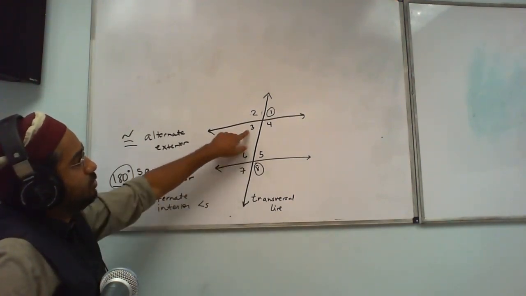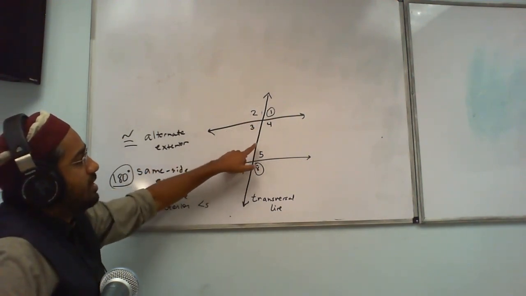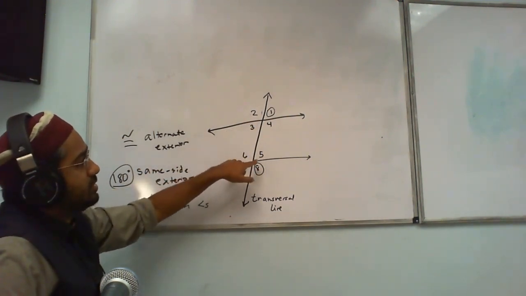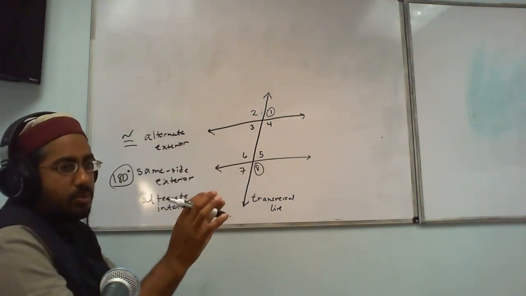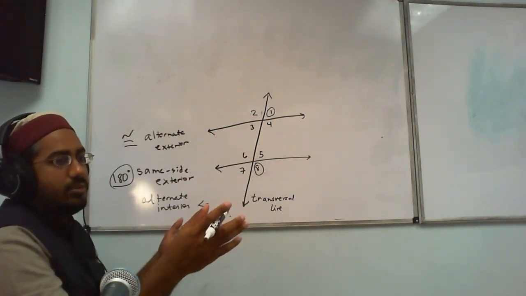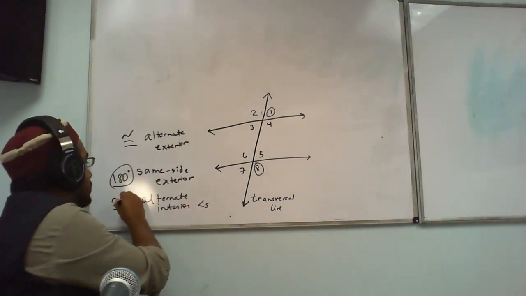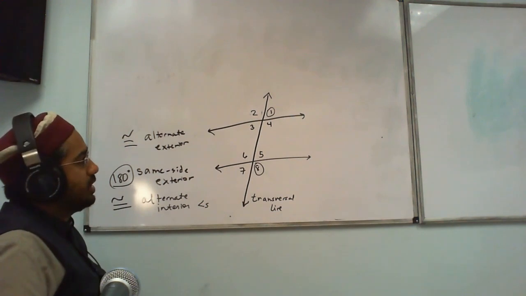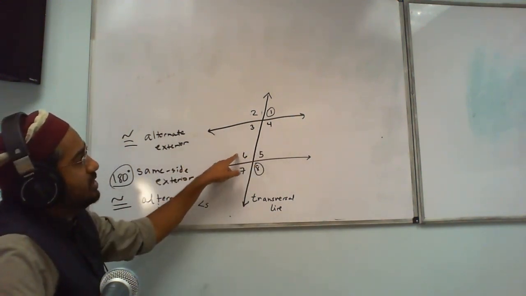Not 180, right? You notice 3 is a little bit smaller than 90 degrees, and 5 is also a little bit smaller than 90 degrees. If they're both smaller than 90 degrees, they can't add up to 180. So these are going to be congruent. So 3 and 5 are going to be equal, and 4 and 6 are going to be equal.